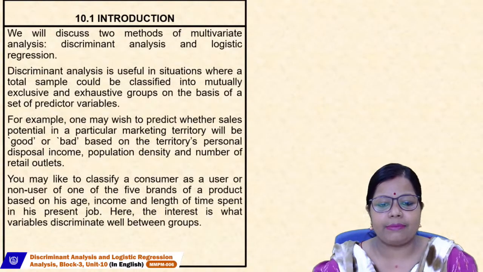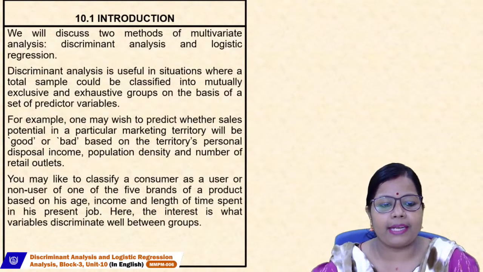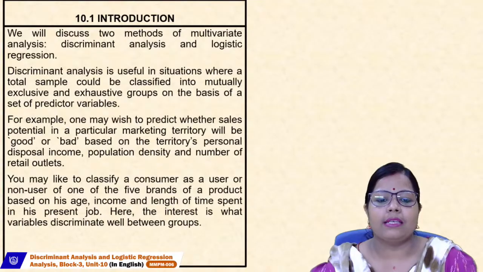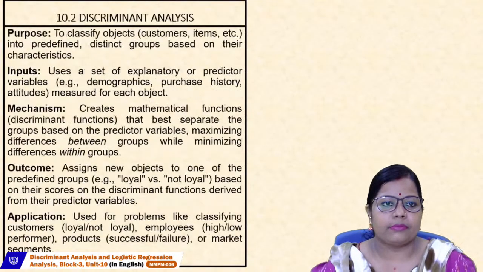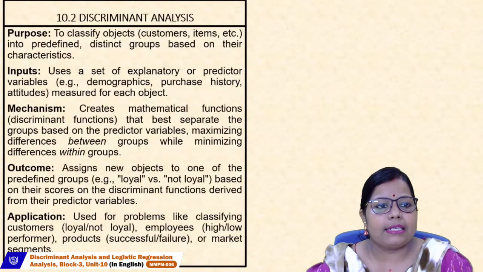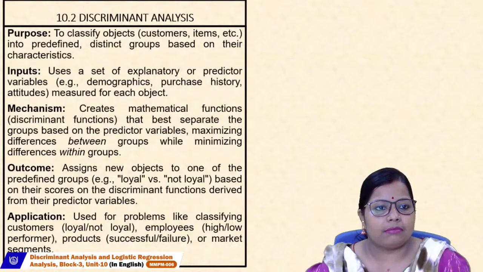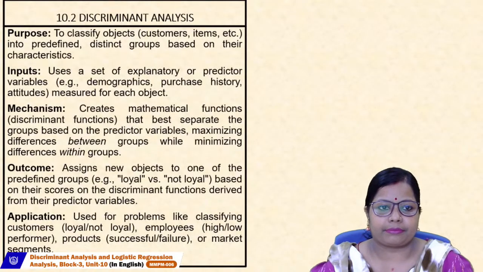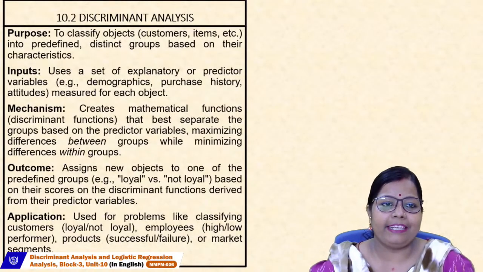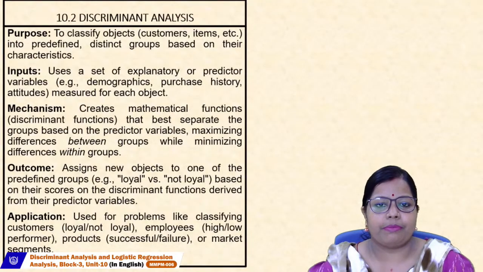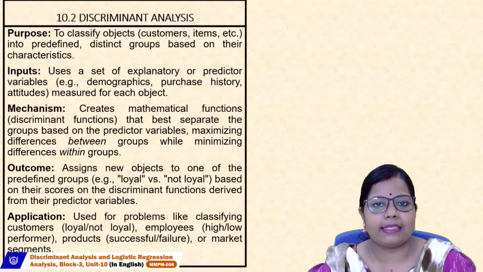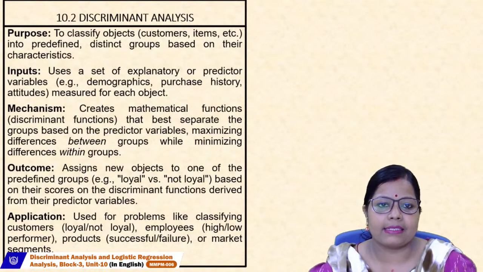So it is called discriminant; we will definitely find some discriminant between these groups. If we understand the purpose of discriminant analysis, it is to classify objects into predefined distinct groups based on their characteristics. It may be demographic characteristics, or other characteristics.